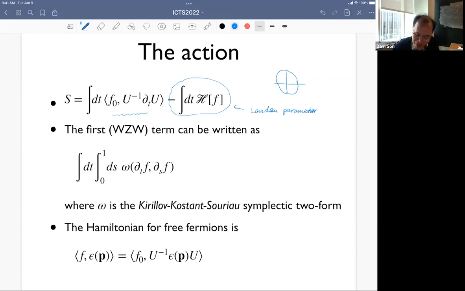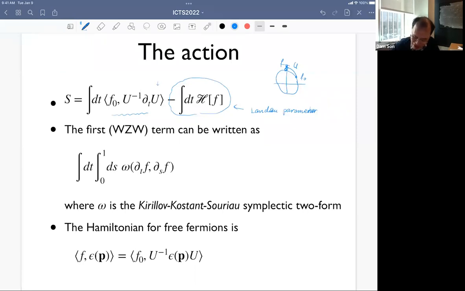It's a scalar product of our reference state with u^{-1} dtu, where u is the element of the group that rotates F0 to F. So this first term can also be written in a Wess-Zumino-Witten form, as a two-dimensional integral of a two-form, which turns out to be the Kirillov-Kostant-Souriau symplectic form that lives on the coadjoint orbit.